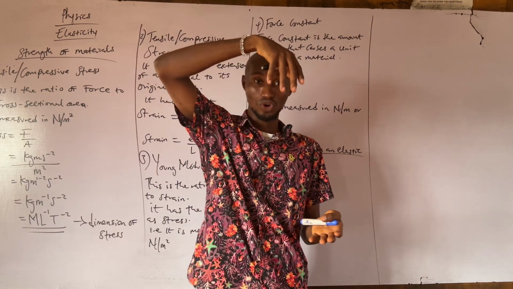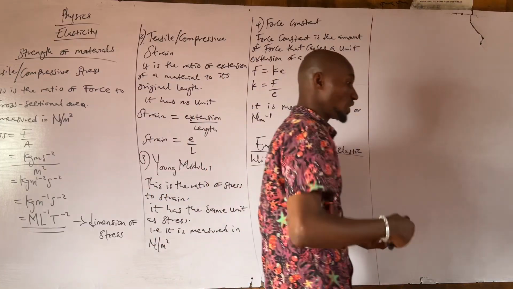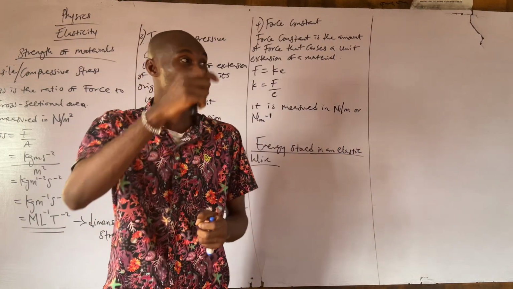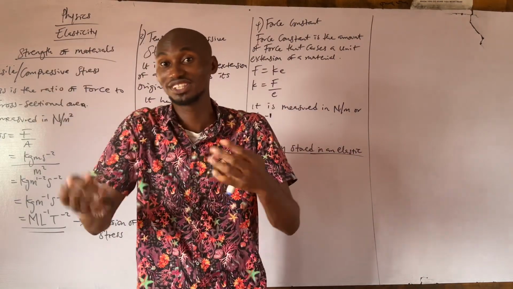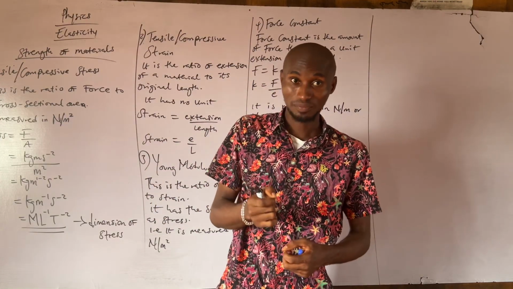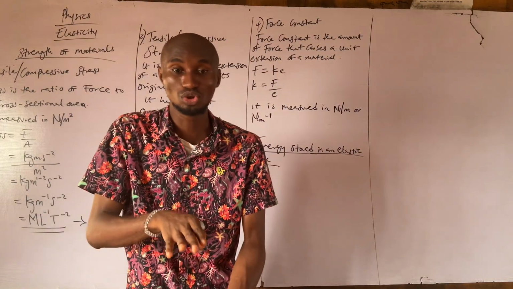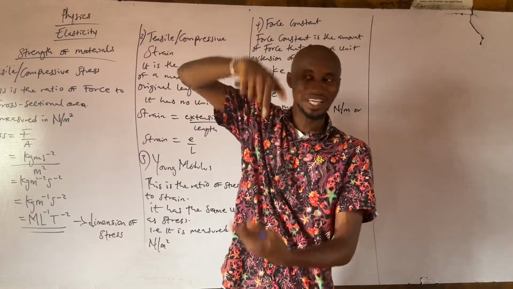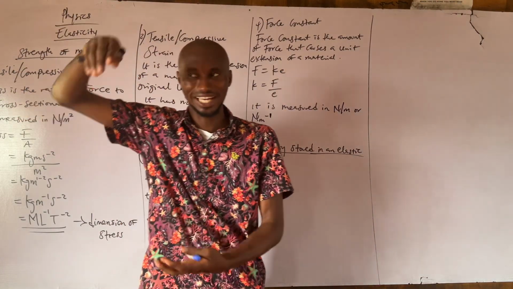So when a force causes an extension in the length of a wire, for instance, when you bring a spring balance, the thing people usually use to measure weight, and place a load on it, it's going to cause extension in the length of that wire, because a force, a load, has been exerted on it.